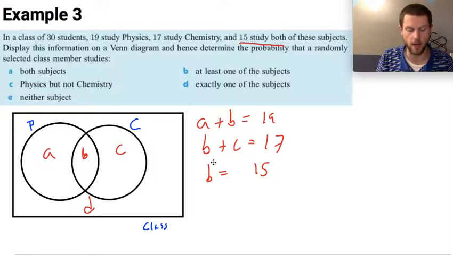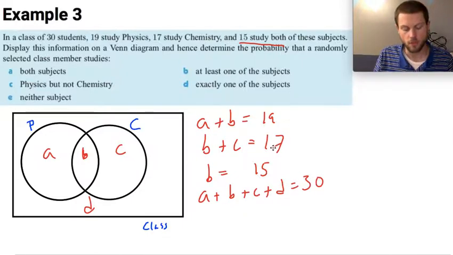And so from there, I can get all kinds of information. Actually, there's one more equation I should say. A plus B plus C plus D, that is the entire sample size. So that's the entire 30. So A plus B plus C plus D equals 30. Now I can just figure out what these values are. If B must be 15, that means that C must equal whatever 15 plus C is to get 17, so C is 2.